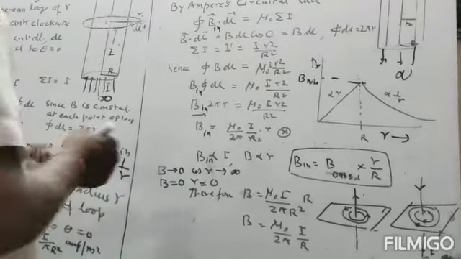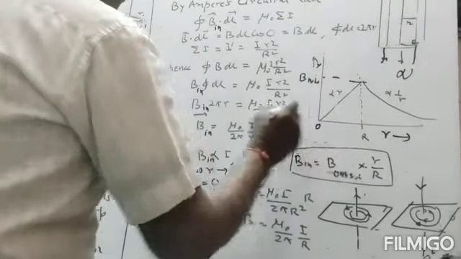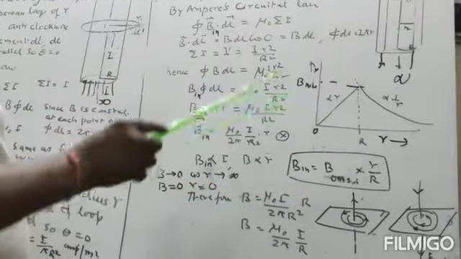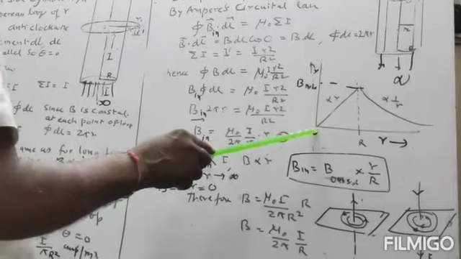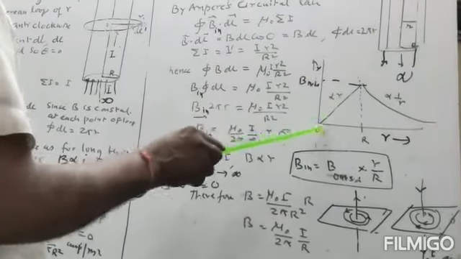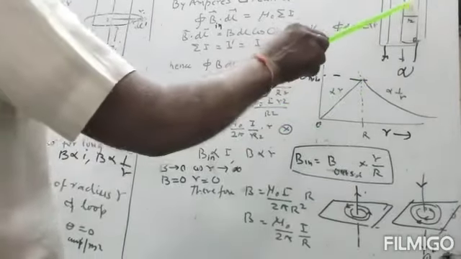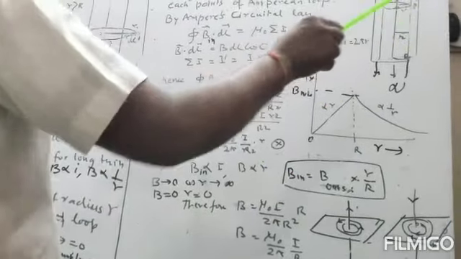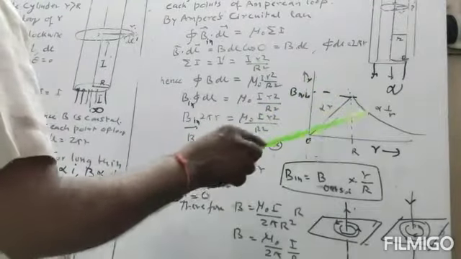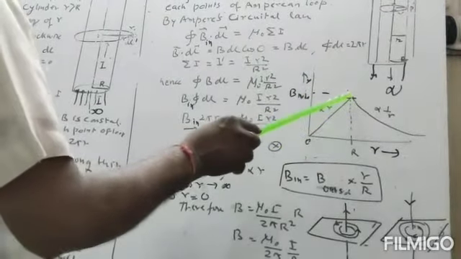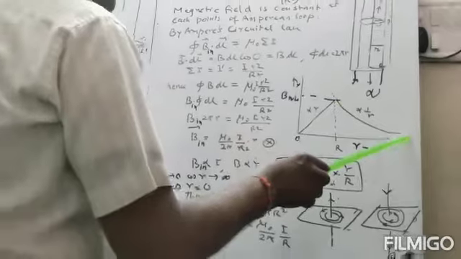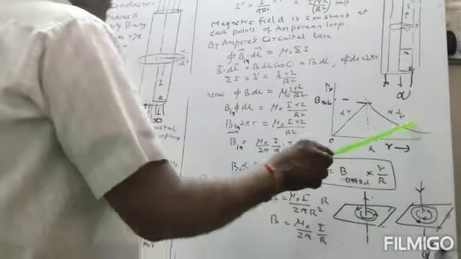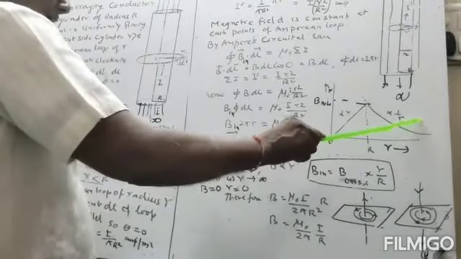The magnetic field is 0 at the center of the cylinder, and as small r increases, B increases up to the radius, then outside, B is proportional to 1 by r. So B will be decreasing as r is increasing.